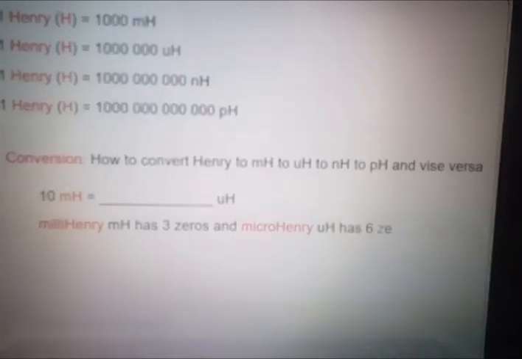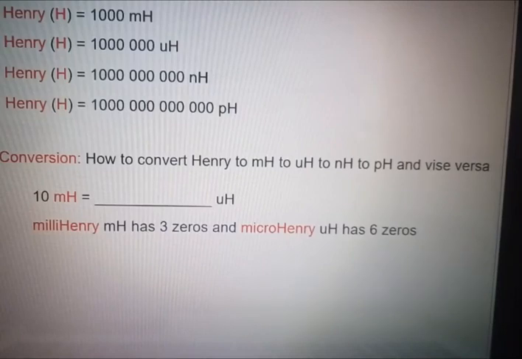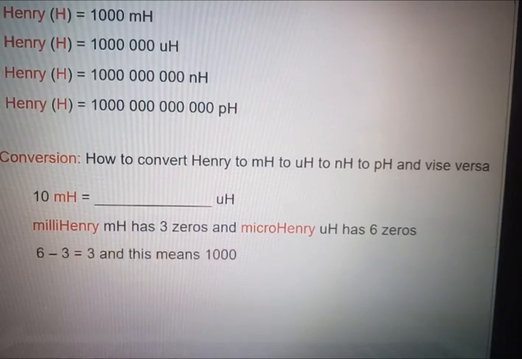So millihenry or mH has 3 zeros, and microhenry or uH has 6 zeros. So you're going to subtract 6 minus 3, which is equal to 3, and this means 1000 or 3 zeros.